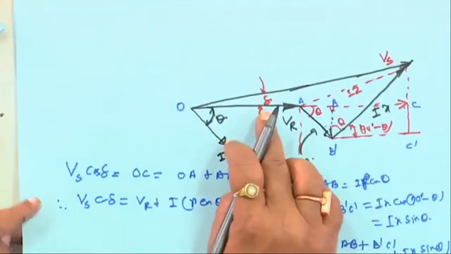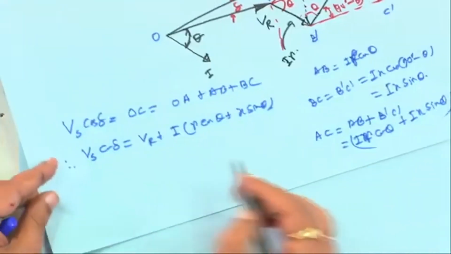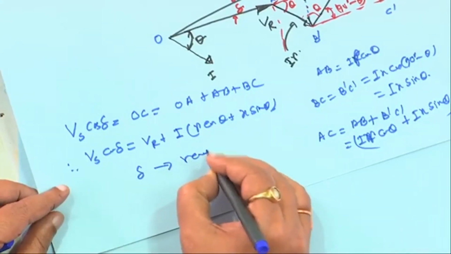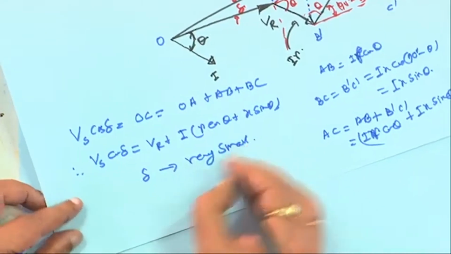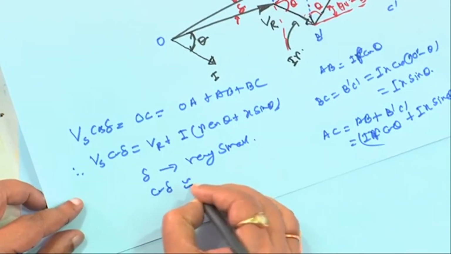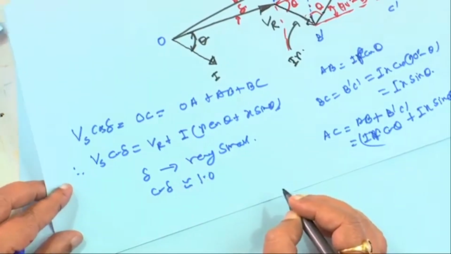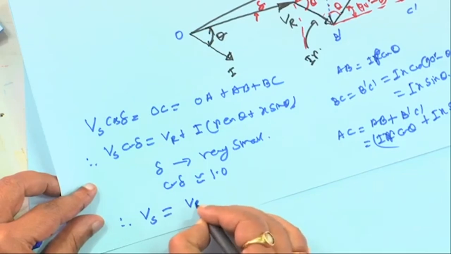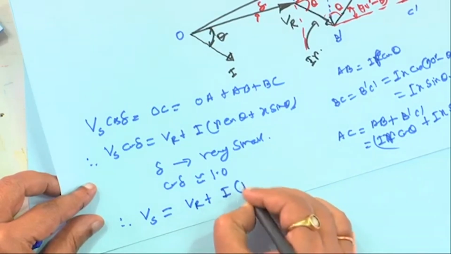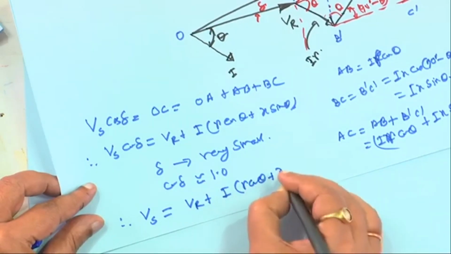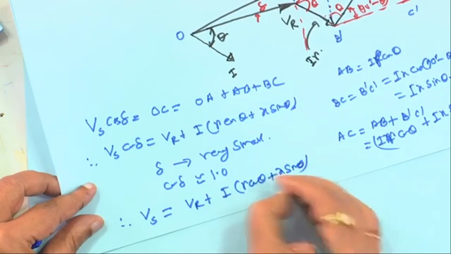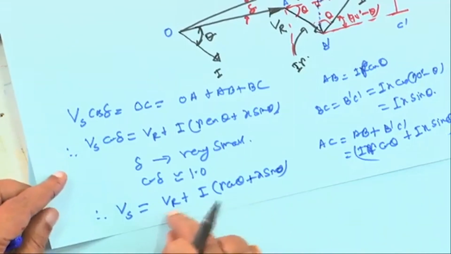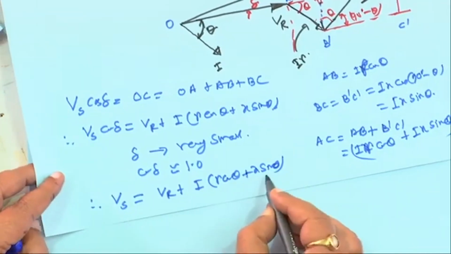But this angle delta is very small, so cos delta is approximately 1.0. That means the approximate equation of Vs will be VR plus I times R cos theta plus x sin theta. That means Vs minus Vr is equal to I times R cos theta plus x sin theta.